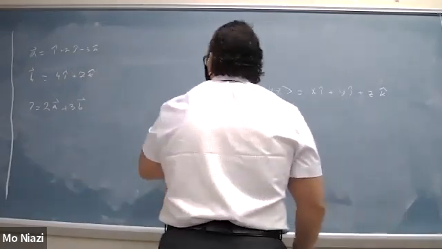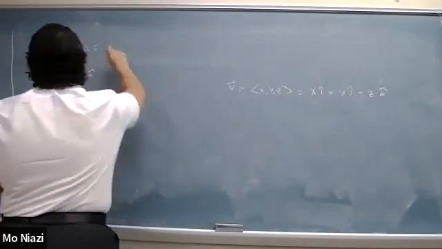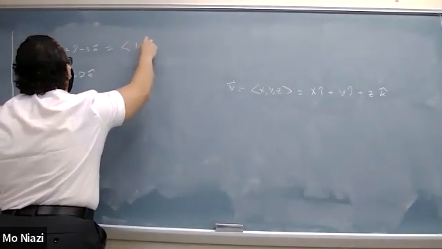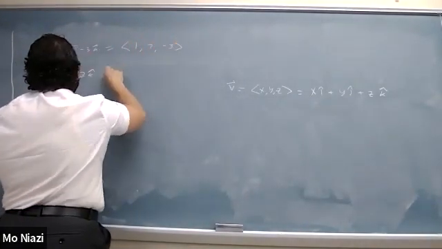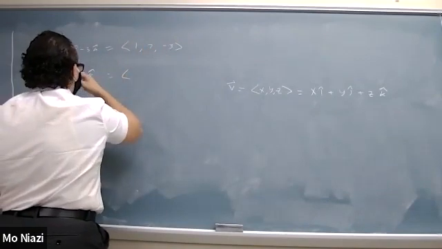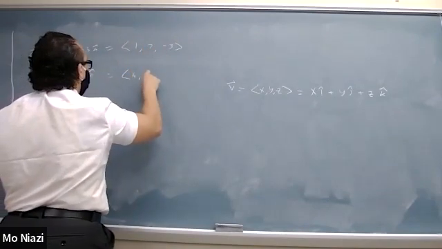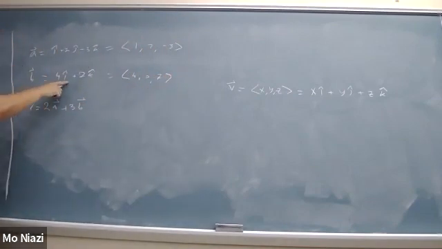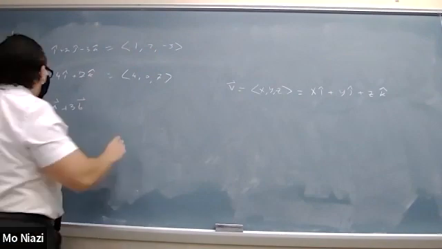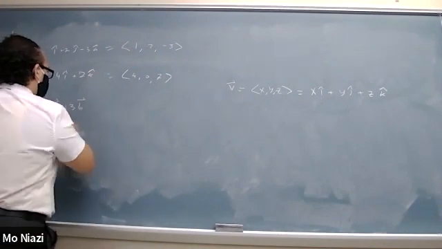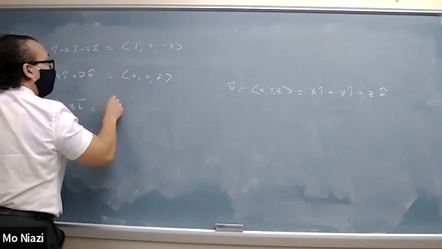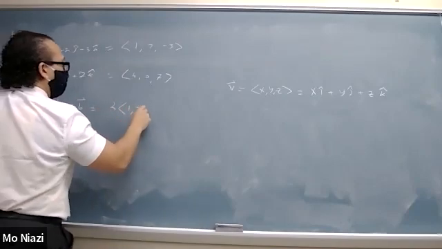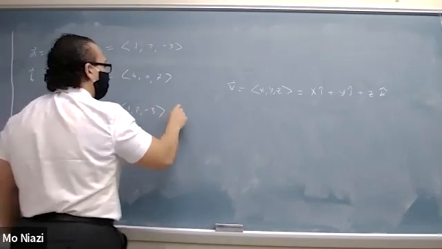Here's my favorite way, because it's less notation. I just write this as 1, 2, -3. I just write this as 4, 0, and 7, because there's no j hat. The entry for j is 0. Then that means 2a plus 3b is equal to 2 times this plus 3 times this.